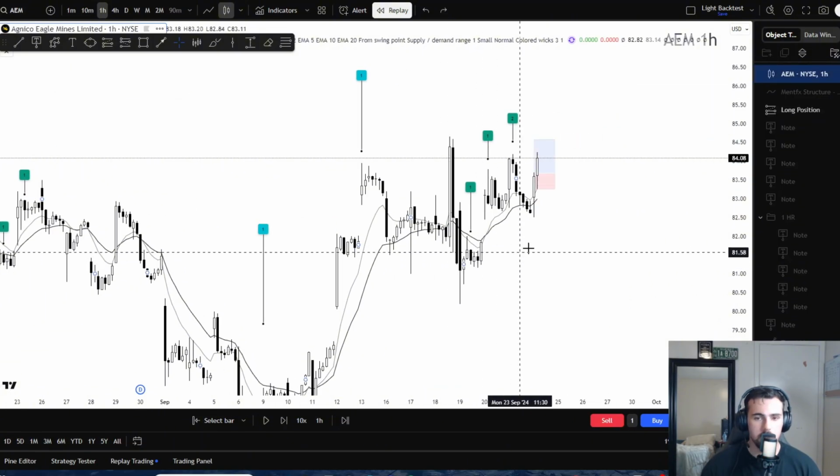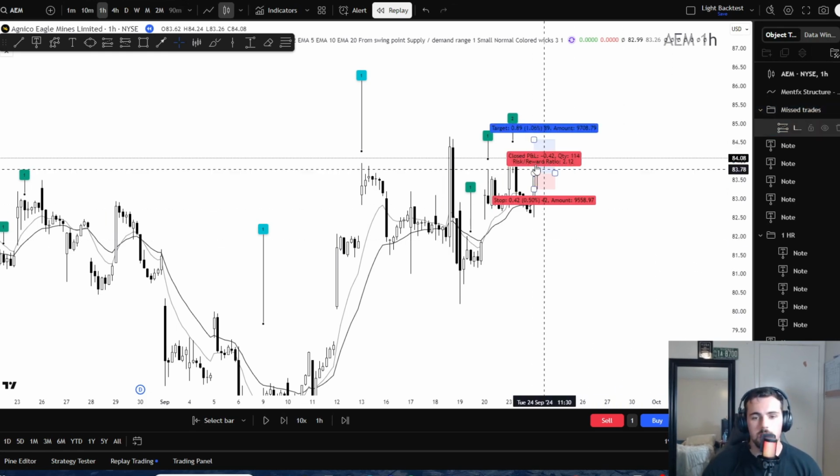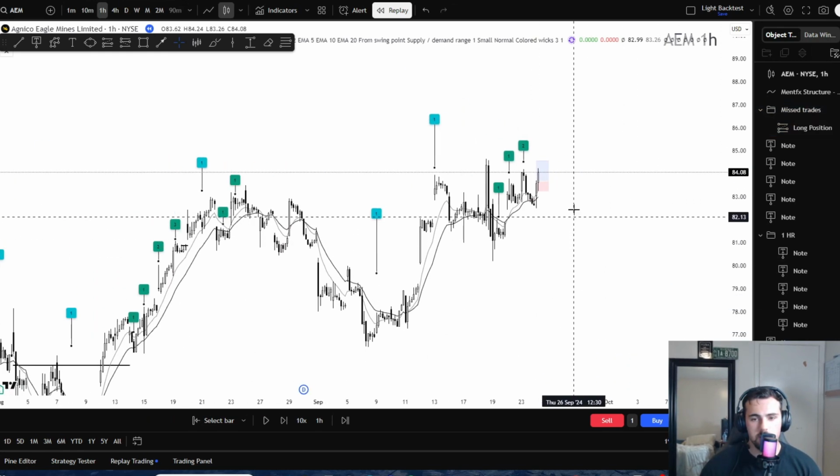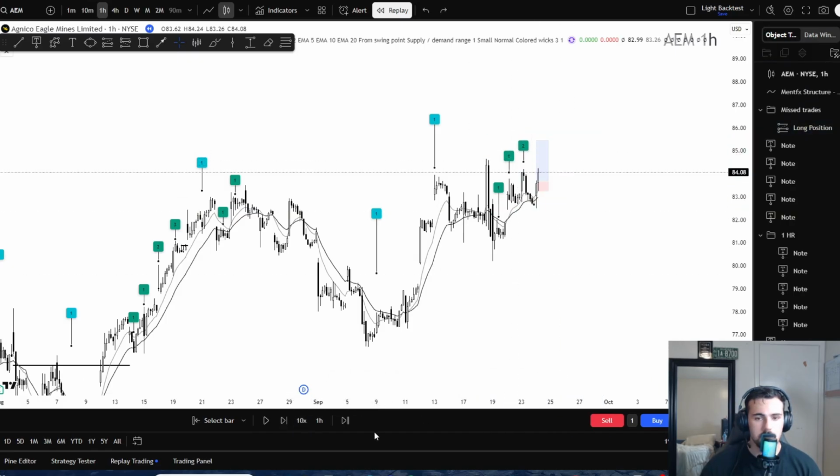So I'm actually going to create a missed trades folder over here. Missed trades. What I thought was going to be the first trade, which looks like it's playing out, isn't going to be the trade.